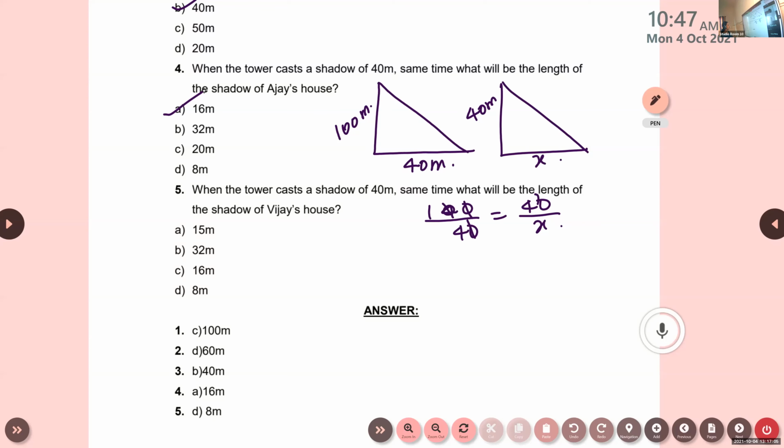Next one. When the tower casts a shadow of 40 meter, at the same time, what will be the length of the shadow of Vijay's house? So that was Ajay. Next, you draw the figure for Vijay's house. Height is given as 20, isn't it? We want to find the length of the shadow at the same time.